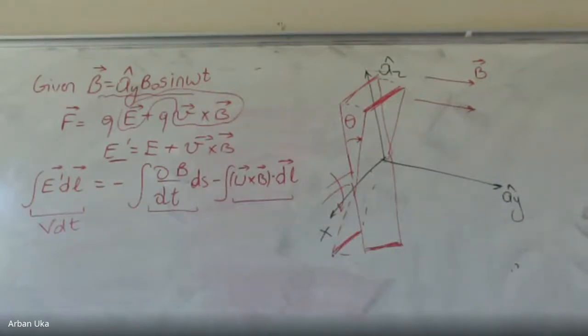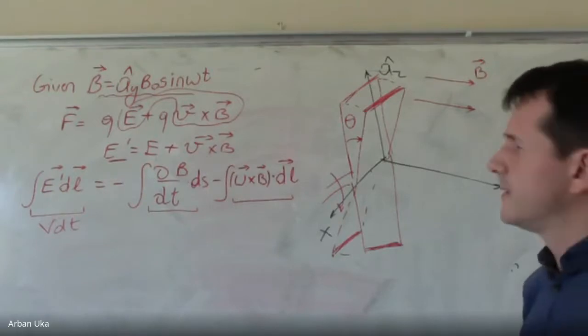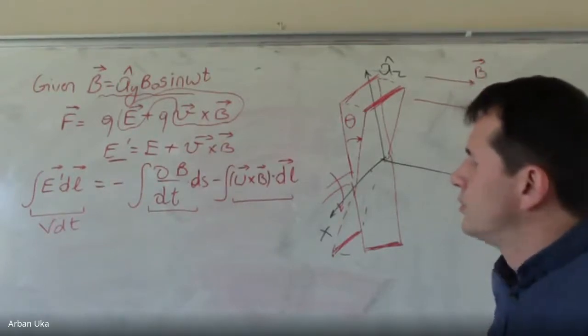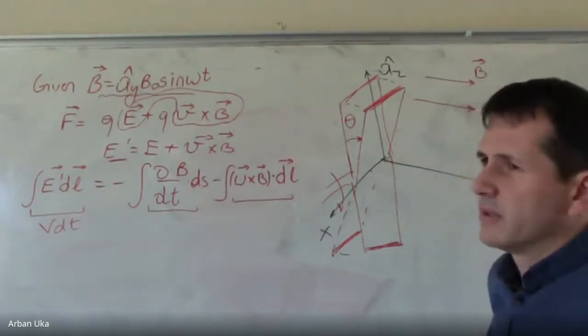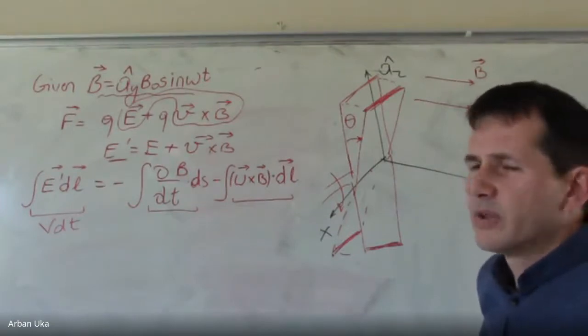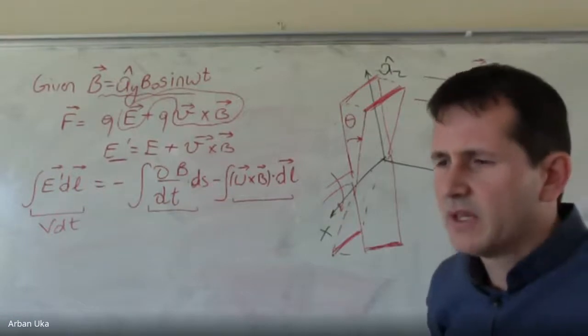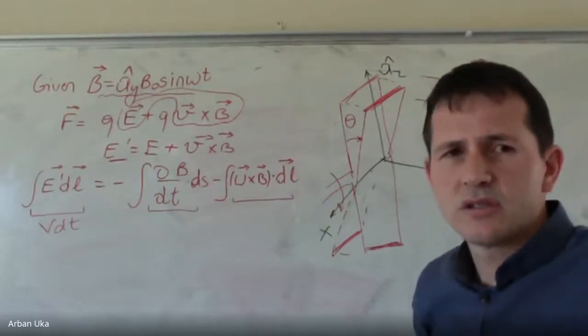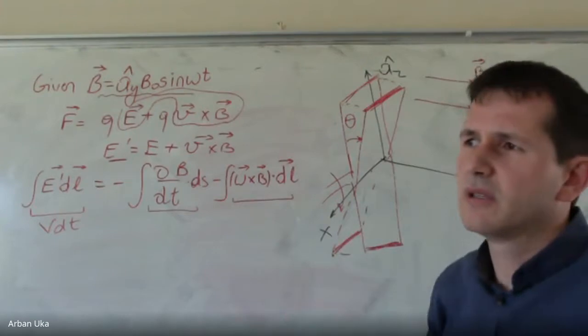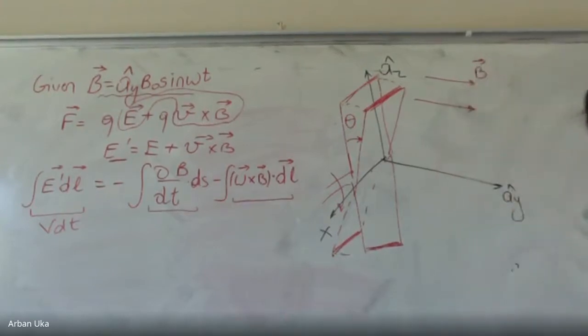We have two contributions that we can make use of. Which means that in a transformer, we can have a time-changing magnetic field, and at the same time, we can rotate the circuits, okay? So we can keep rotating the circuits, and we get much more power.